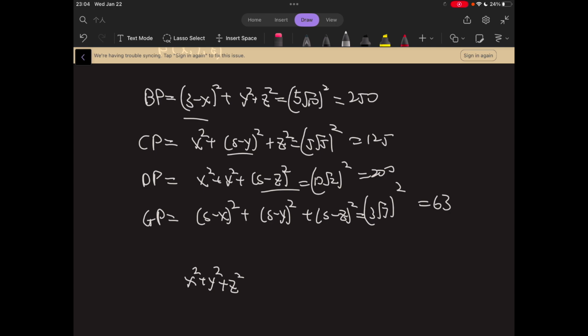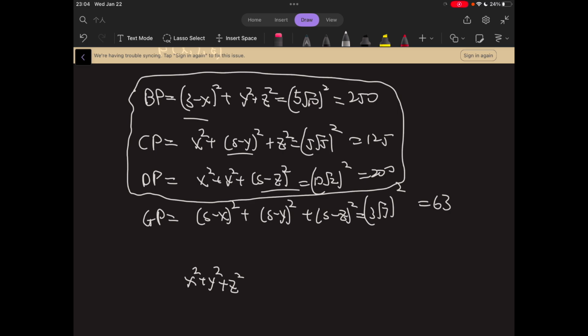Now, what you want to do, usually when you see these questions, is find out what kind of symmetry is in here. If you consider these 3, they don't work on their own. They only work when you add them together.